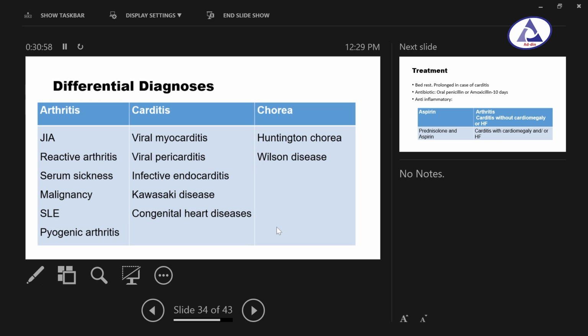It involves small and large joints both, and is not migratory in nature. So it comes into the differential diagnosis.